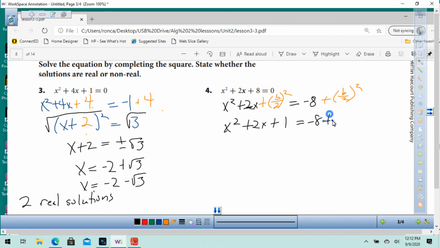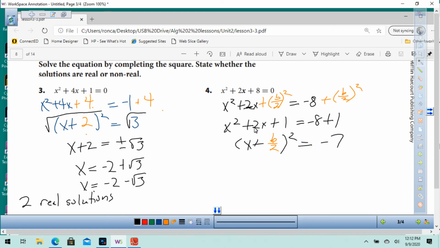Negative 8 plus 1. Then we're going to do x plus b over 2, and that's going to give you negative 7.